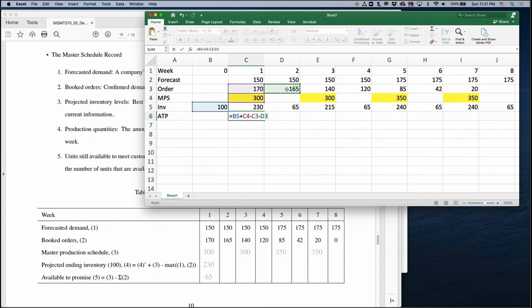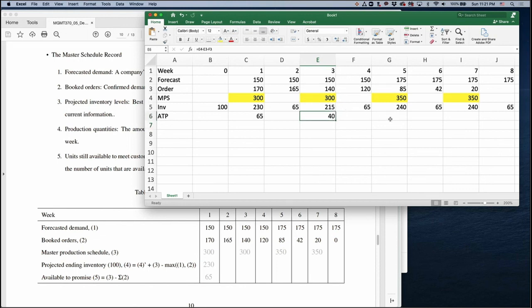The remaining quantity is available to promise at period 1, until period 2. So for this case, we cover only weeks 1 and 2. In the next MPS period, you have an available quantity of 300. However, you have to cover this order, and 140 and 120 are already booked. Then your remaining quantity is only 40. 40 is your ATP for periods 3 and 4.